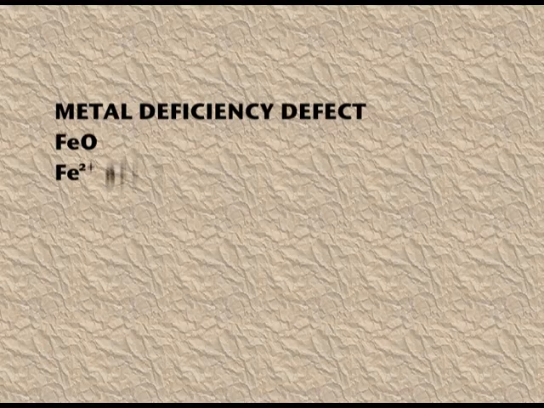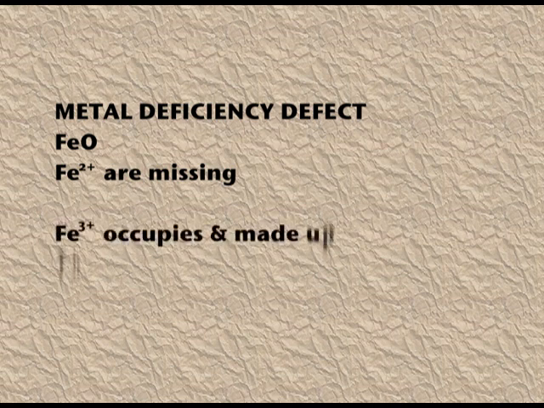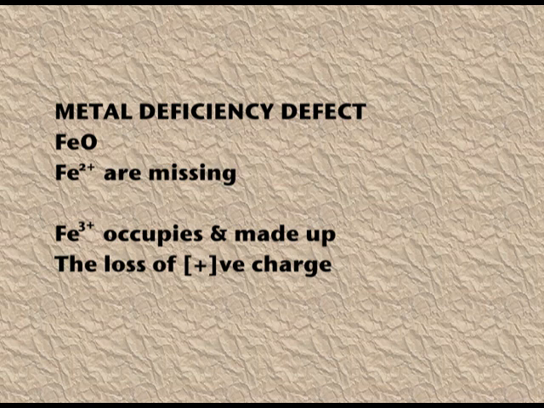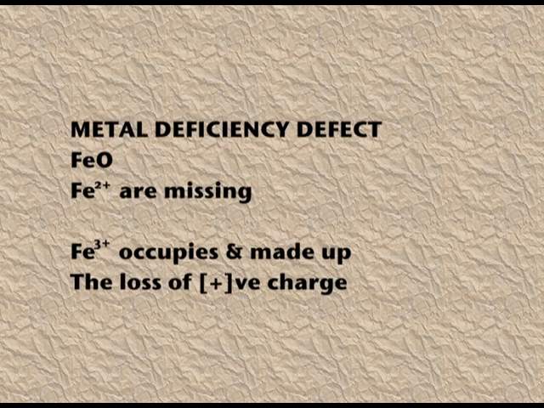There are many compounds which are not possible to prepare in the stoichiometric ratio. For example, FeO. In FeO, many Fe2+ ions are missing. And to maintain the positive charge, Fe3+ ions occupy the crystal. Now the electrical neutrality is maintained, but the cation is missing.